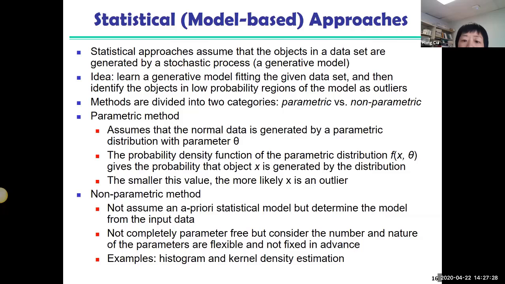For non-parametric methods, we don't have a distribution, but we have some other models, some other parameters, that can help us identify those outliers. For example, the histogram that we learned a long time ago, and kernel density estimation that we learned today.